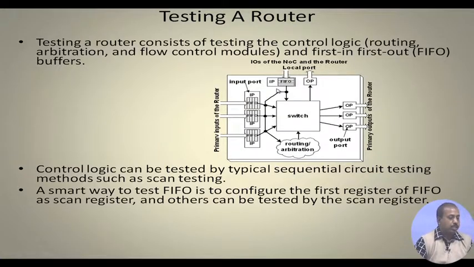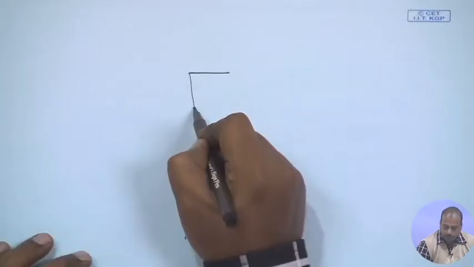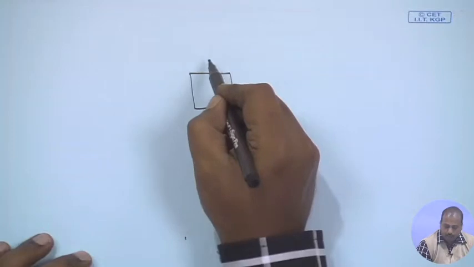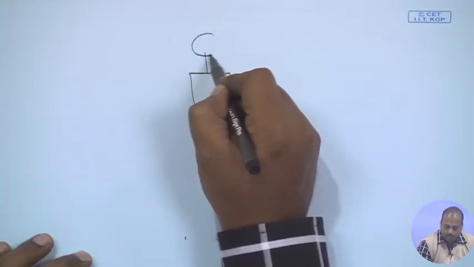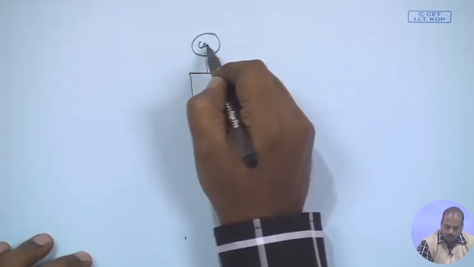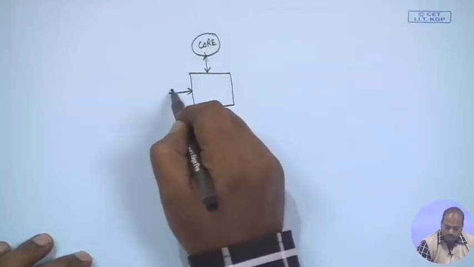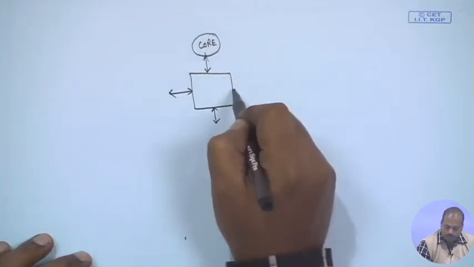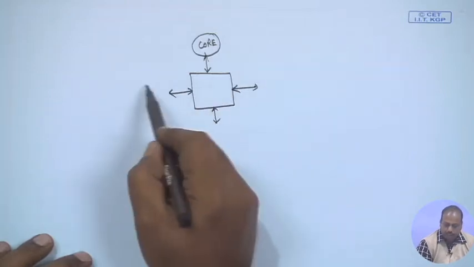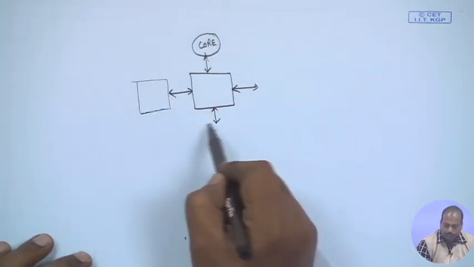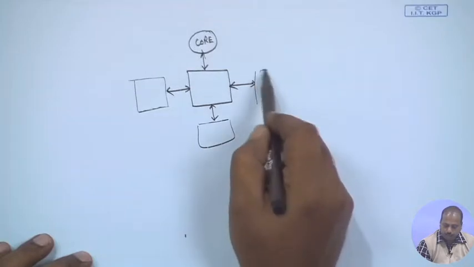So, this router has a local port here, and on this side I will connect one core. This is one port, and there are 3 other ports to which the neighbors will be connected. Another router will be connected here, another here, and another here.